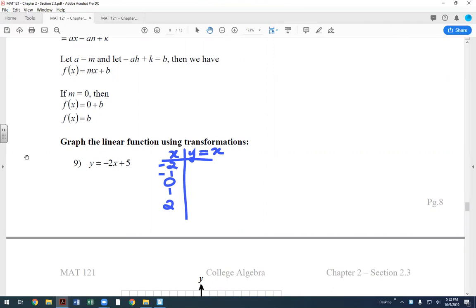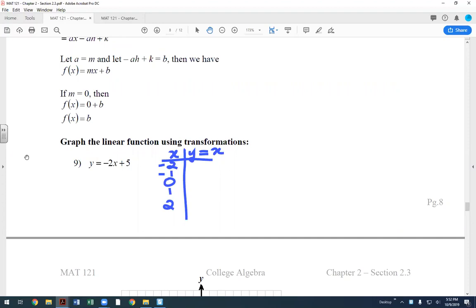So you're really not going to have a separate horizontal movement here. So basically we have a reflection from the negative. The 2 tells us, is it going to stretch or shrink? It's going to stretch. If the value is greater than 1, your function stretches, and the +5 will represent the vertical movement.